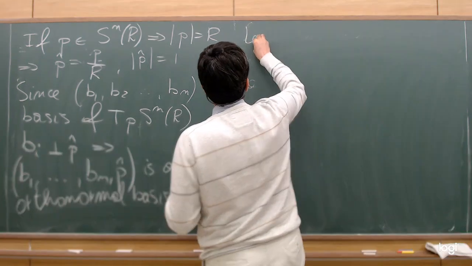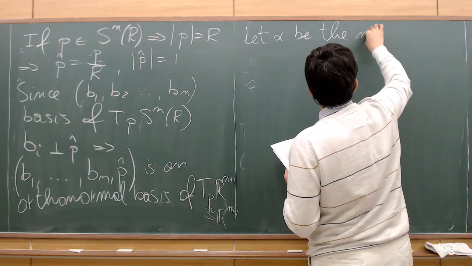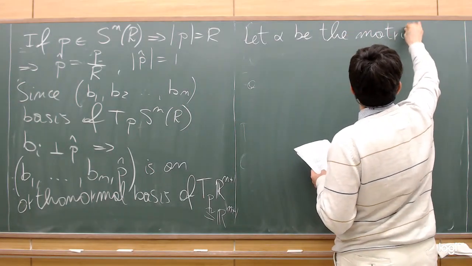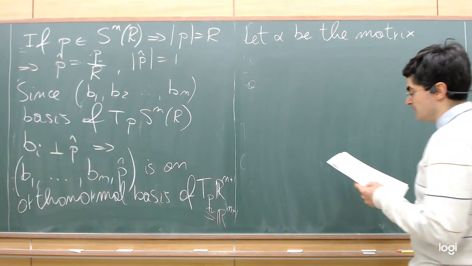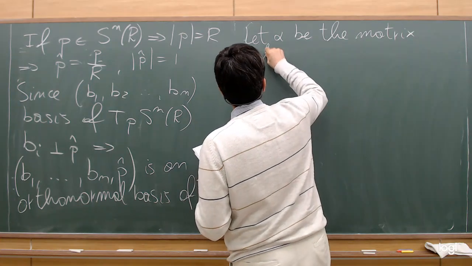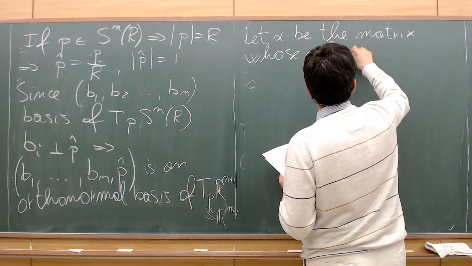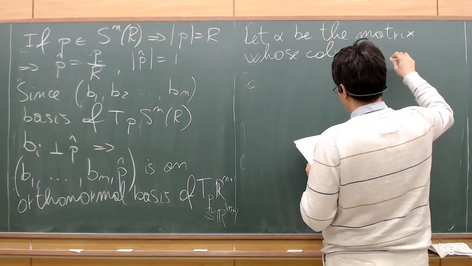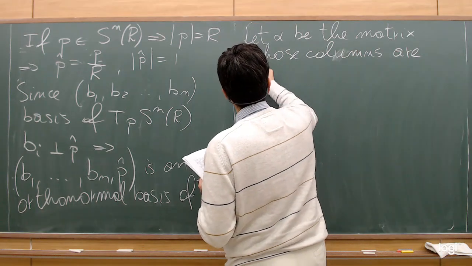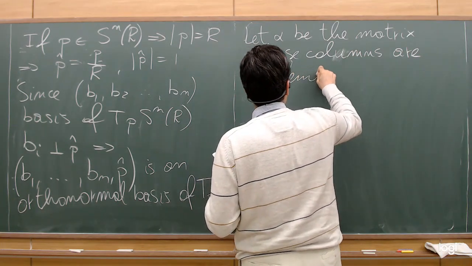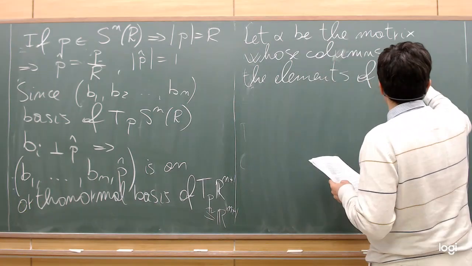So let alpha be the matrix. Now, of course, here I am identifying the map with the matrix. This is clear. Whose columns are the elements of this basis.